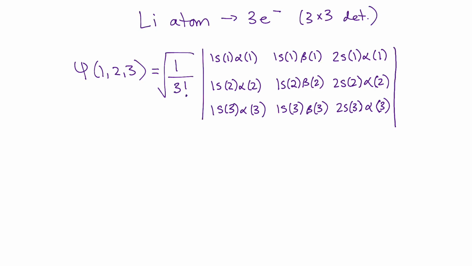I won't generally ask you to do this, although it's probably a good thing for you to know how to do. So, for these, you kind of cross out your first column and first row, okay, and then do your cross product here, and then you'll subtract.